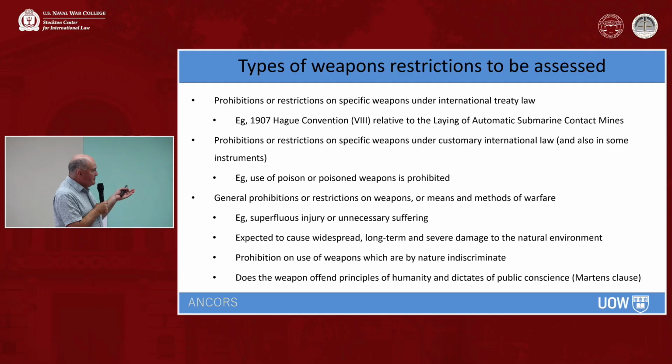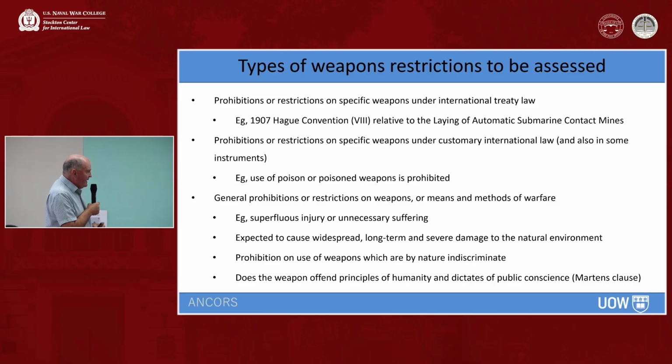And then there are some general prohibitions, picking up on what Martin was talking about before the break: a weapon that causes superfluous injury or unnecessary suffering, and damage to the environment. But look at these too. There are conditions on all of these.